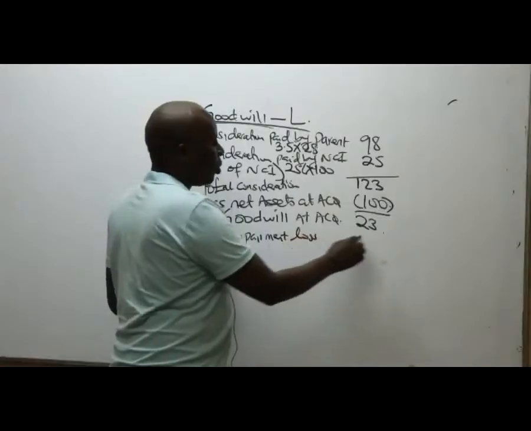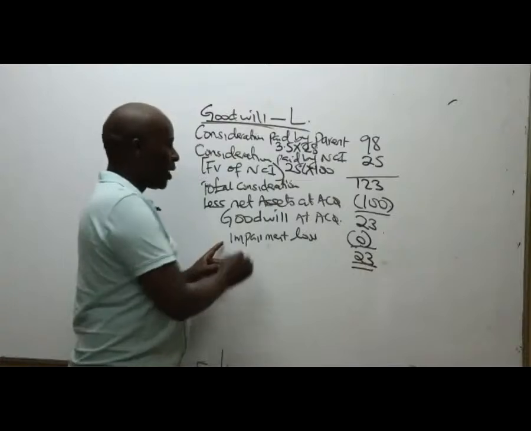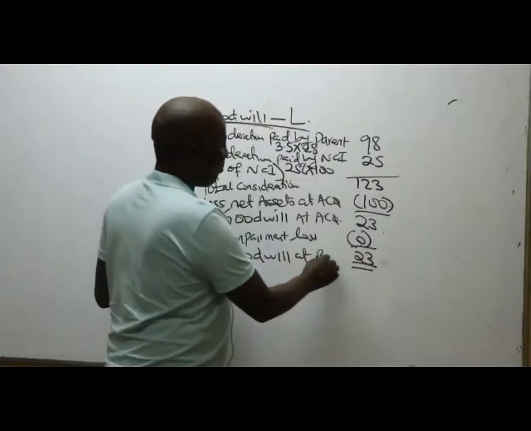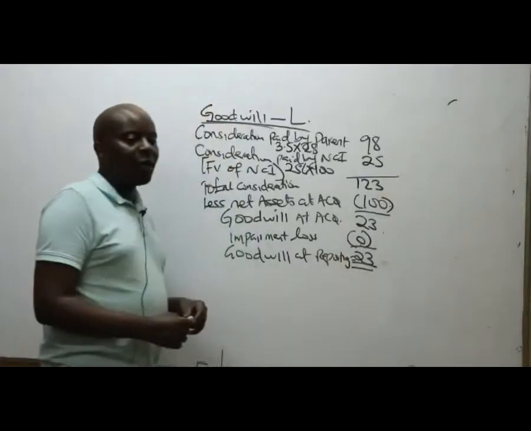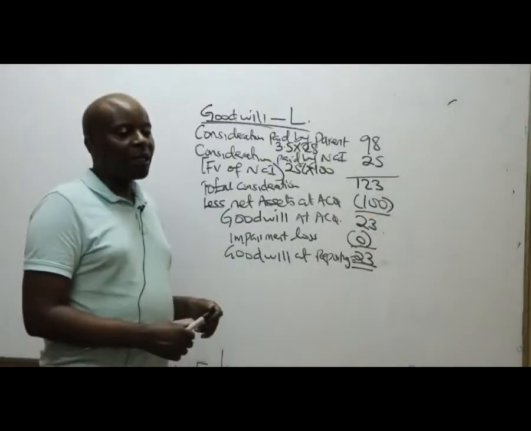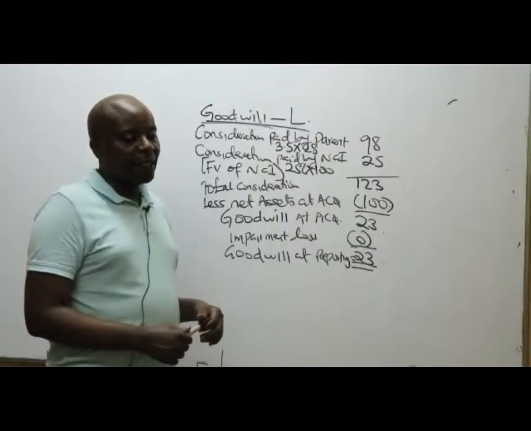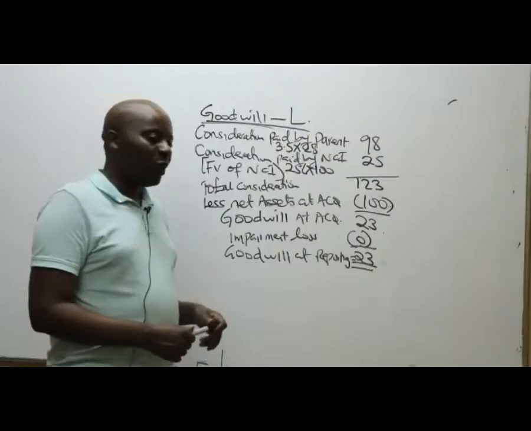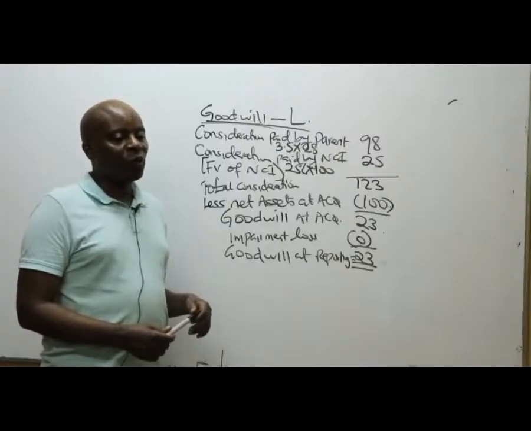So impairment loss is 0, which will end up giving me still 23 as the goodwill at reporting. The goodwill at reporting here is 23.